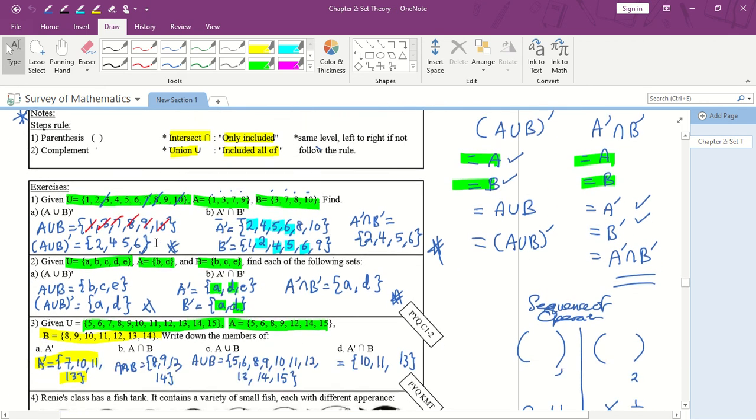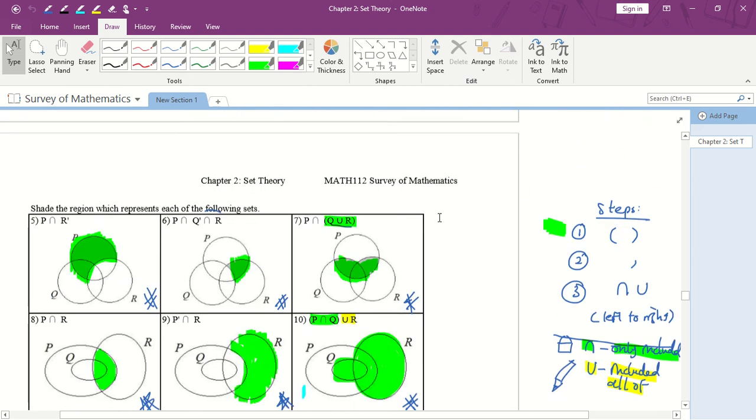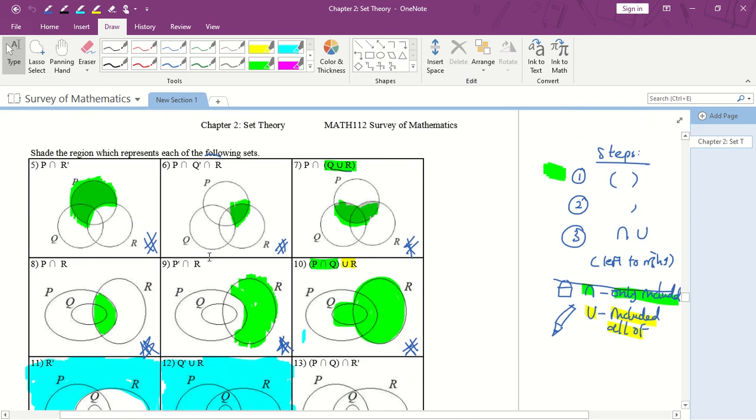For set operations, remember that you do it step by step, like parenthesis A union B prime. We first know what A and B are, and we do A union B. Then we perform the complement of A union B. We also learned that when we want to shade a region, always start from the parenthesis, then the complement, then the intersect or the union.